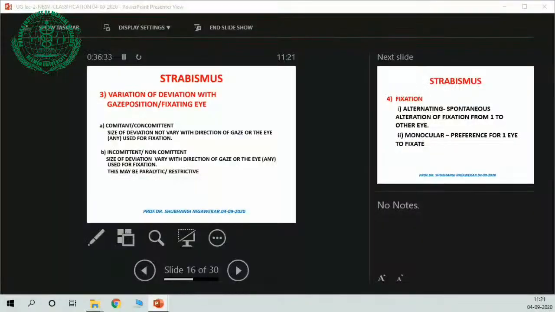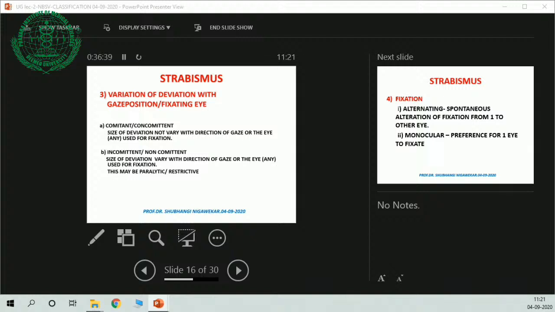But here comitancy means that whatever the grade of the squinting position of the eye in primary position, the same position will be there in all gazes, the cardinal positions we discussed yesterday. So the magnitude of the deviation will remain the same in all gazes, and that is the meaning of the sentence we just read.